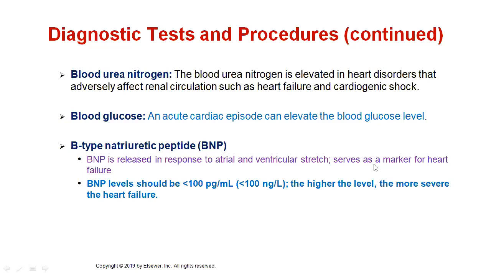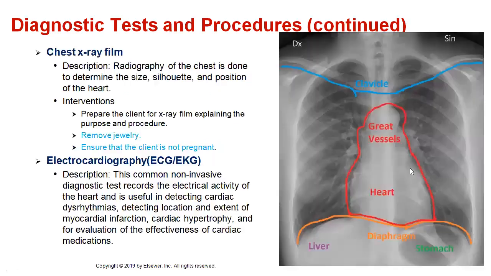What else? Then go. So another diagnostic test we have to do is the chest X-ray film. So radiography of the chest is done to determine the size, shape, and position of the heart. Sometimes in heart disease, the cardiac shadow is getting bigger and is called cardiomegaly.